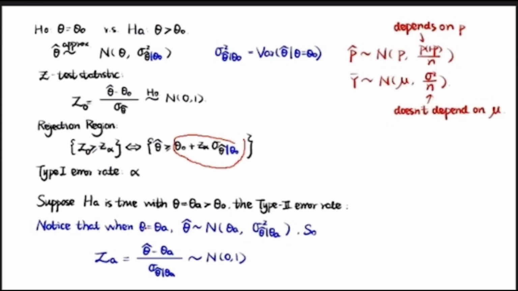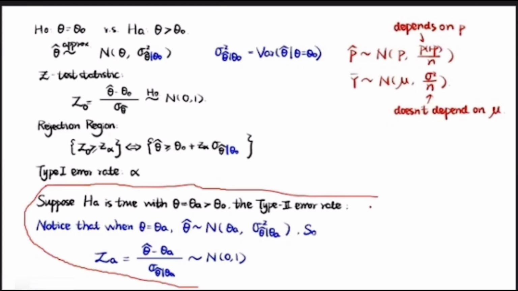Now, suppose we are testing HA. If you want to compute the type 2 error, we are focusing on a situation whereby the alternative hypothesis is true. For the type 1 error, the focus is on when the null hypothesis is true.